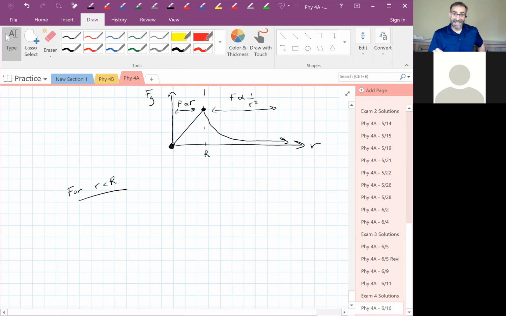But there's a lot going on there. At the equator, you have to do a circular motion problem. You're moving in a circular path. And because you're moving in a circular path, when you do the sum of the forces equals mv squared over r, you get that the scale is reading the normal force, right? Your mass never changes, but the scale reads the normal force.